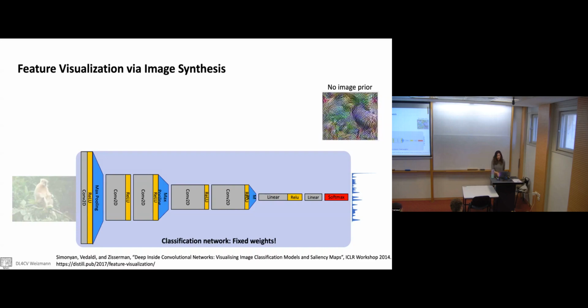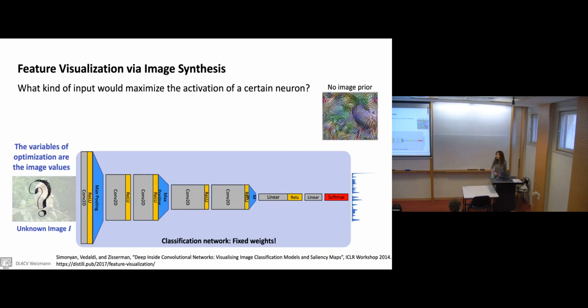Now that we know that we can backprop through the neural network, it opens the door to asking far more general questions. For example, given some score, let's say the score of a monkey, what is the image that will maximize the score of a monkey?